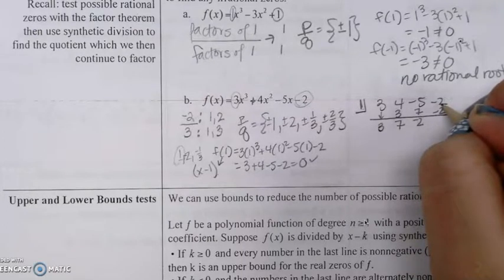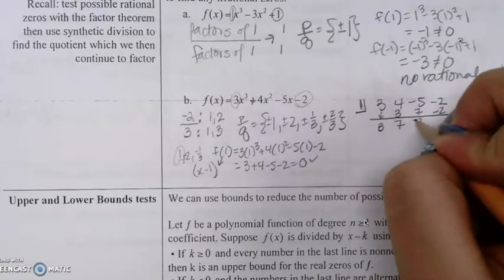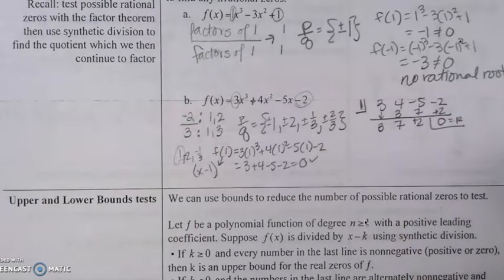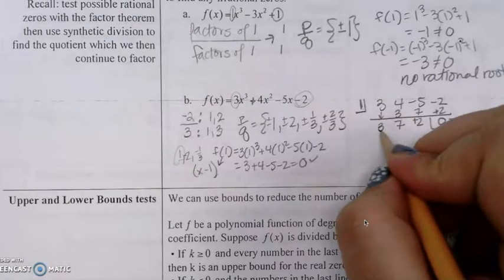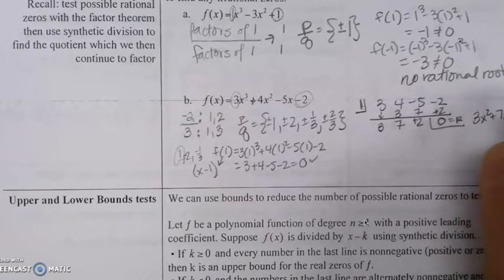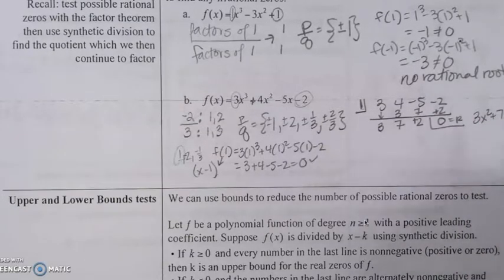Something happened. Oh, 7 minus 5 is a +2. +2, 0 is my remainder. How did I know? Because I was about to get a remainder, but I just said the remainder was 0. Okay, so this gives me a new polynomial, 3x squared plus 7x plus 2. Okay, well, I know that this new polynomial is a factor of f of x because I just factored out an x minus 1.